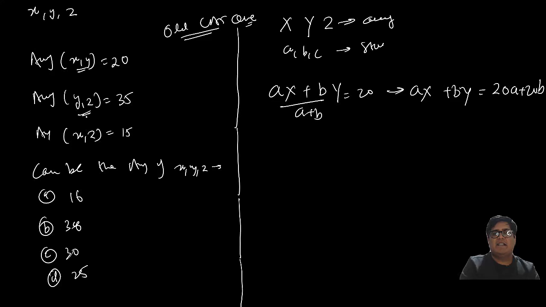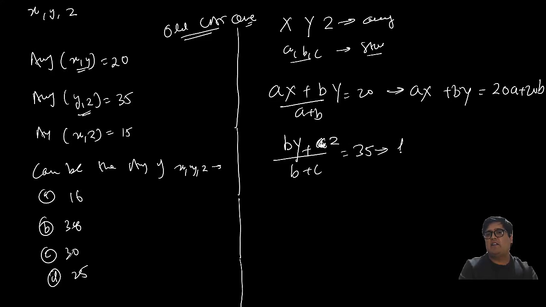Second one is Y and Z. See, a, b, c are the students, capital X, Y, Z are their averages. So if I write this as bY plus cZ upon b plus c is equal to 35, I can write this as bY, where capital Y is the average, plus cZ is equal to 35b plus 35c.